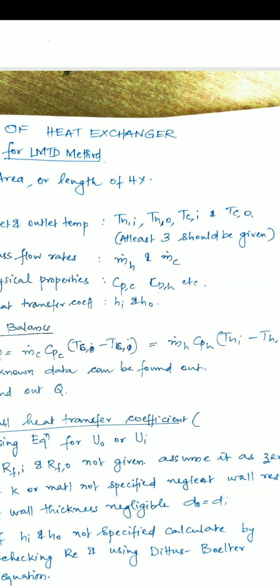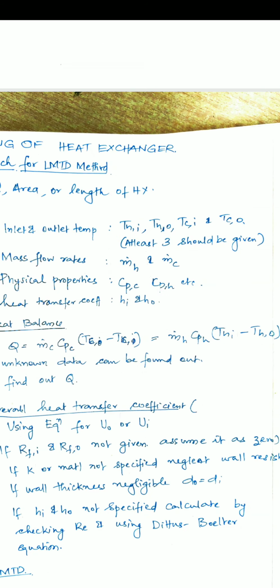But in most problems, only 3 temperatures will be given. But if we know the flow rates of cold and hot fluids, we can find out the 4th temperature. So at least 3 should be given so that we can find out the 4th temperature.